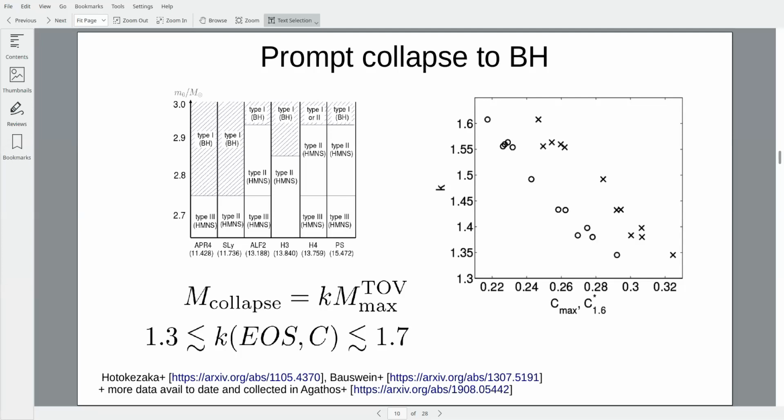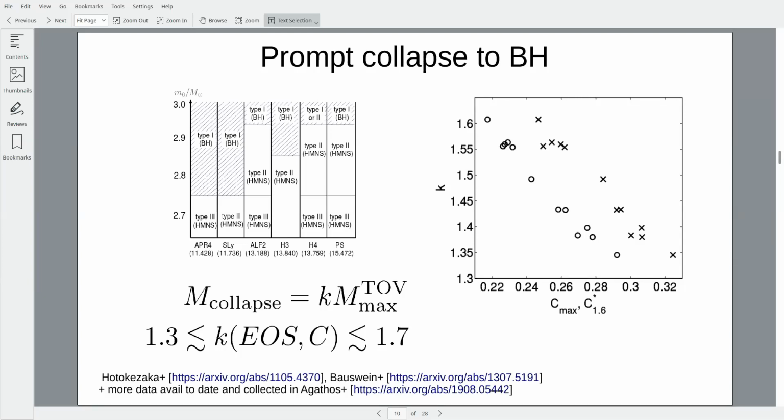The first approach is based on the consideration that the fact that a remnant promptly collapses to a black hole might somehow be related to the maximum mass that can be supported by the given equation of state. One can postulate that there's a linear relation and look for the constant of proportionality.